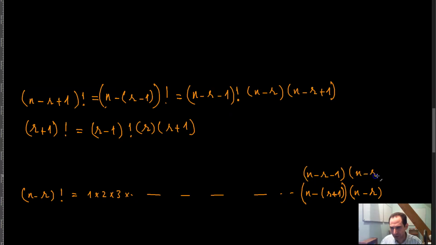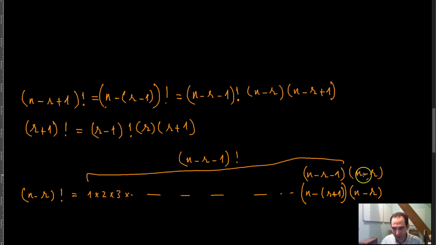times n minus r. And then all of these terms all the way up to here, you can write as n minus r minus 1 whole factorial, and so n minus r whole factorial is the same thing as n minus r minus 1 factorial times n minus r, right?